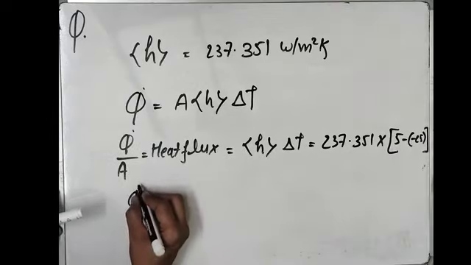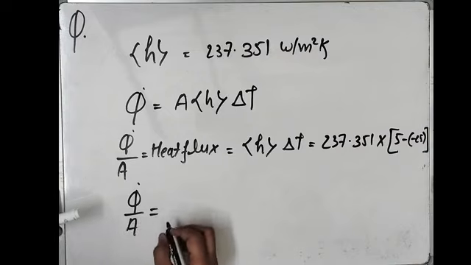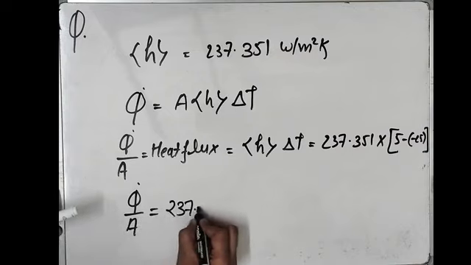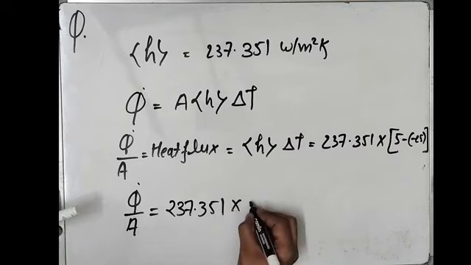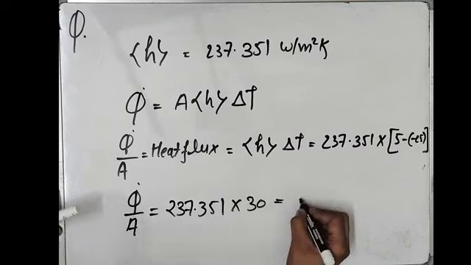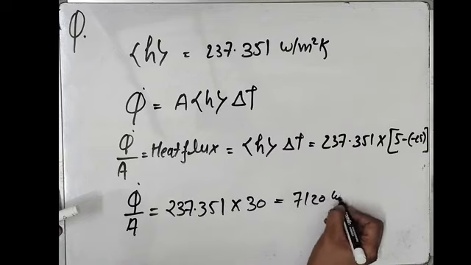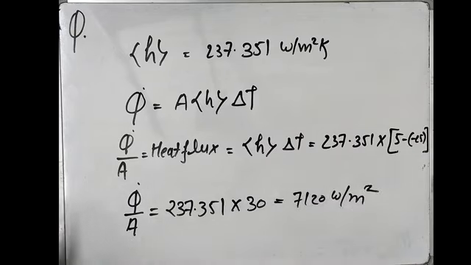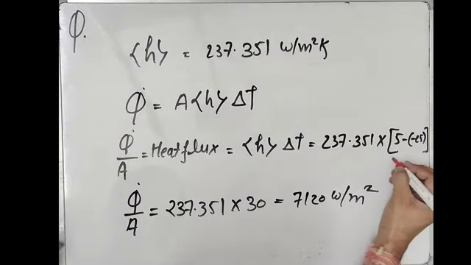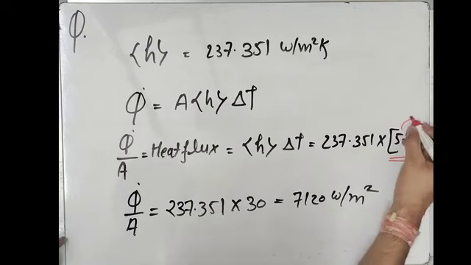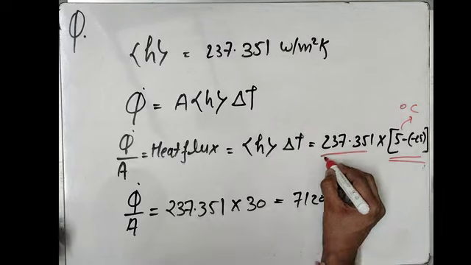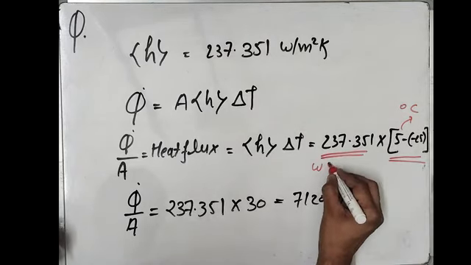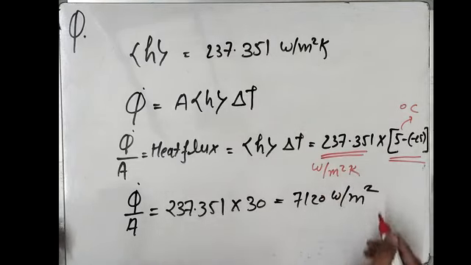The final value of heat flux after calculating it further comes to 237.351 into 30, which comes to 7120 watt per meter square. Here the temperature unit is in degree Celsius and the heat transfer coefficient unit is given in watt per meter square Kelvin.